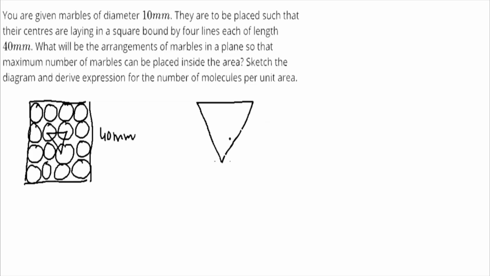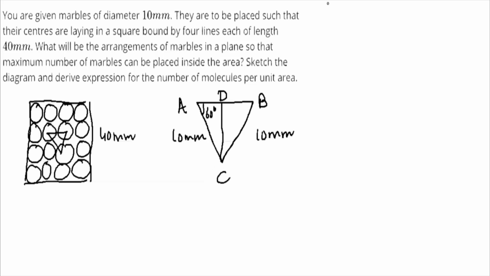So upon expanding, let me mark this as A, B and this as C, and let this be D, right? So we have 10 millimeter as the length of each side of this triangle. And what is the angle being formed here? The angle being formed here will be 60 degree, right? Now we have to find out the length of CD here, right?